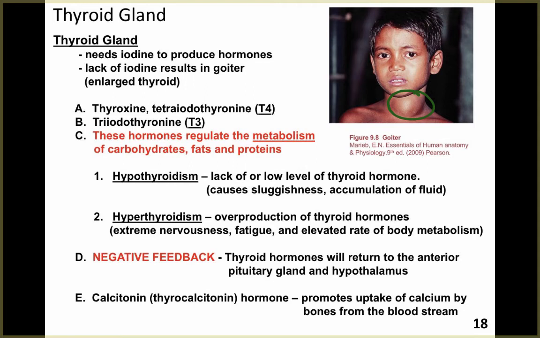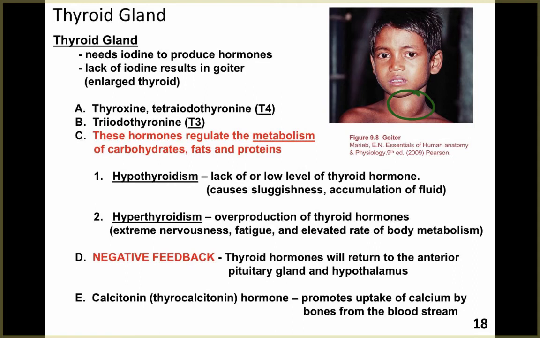And so there's two hormones: thyroxine, T4, and triiodothyronine, which is T3. Both of these hormones help to regulate metabolism of carbohydrates, fats, and proteins. A lack of thyroid hormone, which is called hypothyroidism, can cause you to be really tired and accumulate fluids.